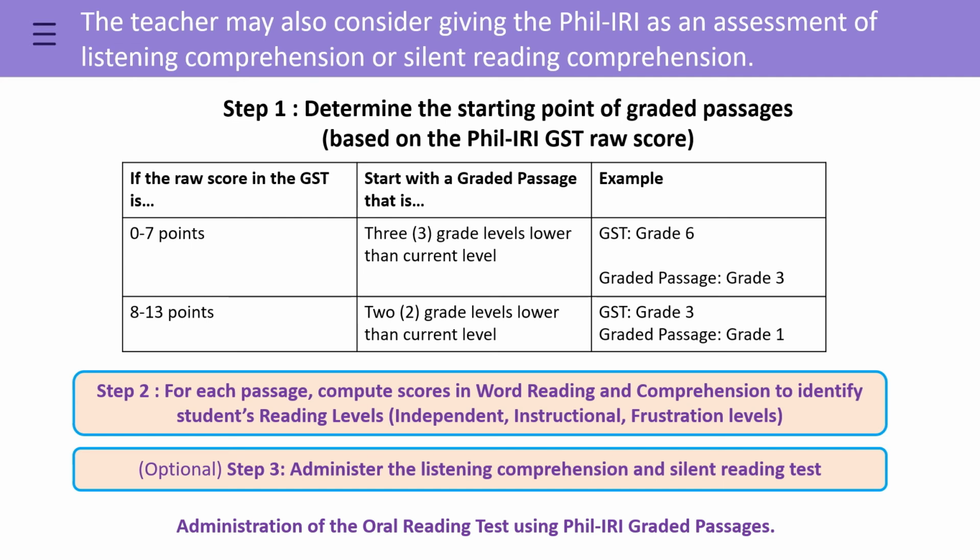For each passage, compute scores in word reading and comprehension to identify students' reading level, independent, instructional, or frustration level. Step 3, which is only optional, administer the listening comprehension and silent reading test.